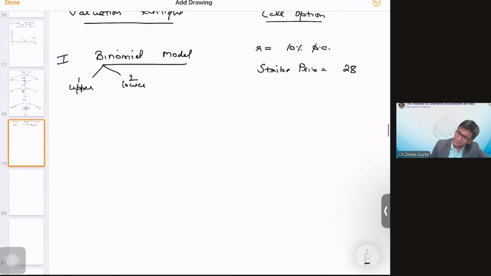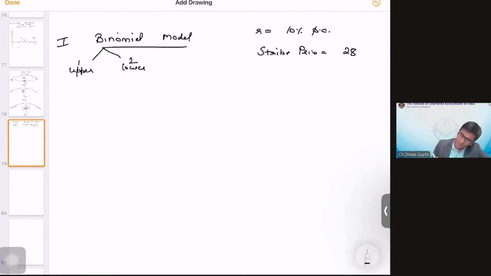Let's assume that today's price, on the 0th day, is 30 rupees.